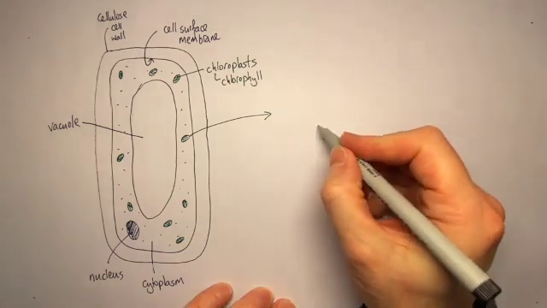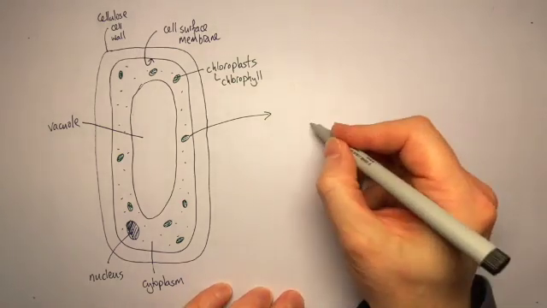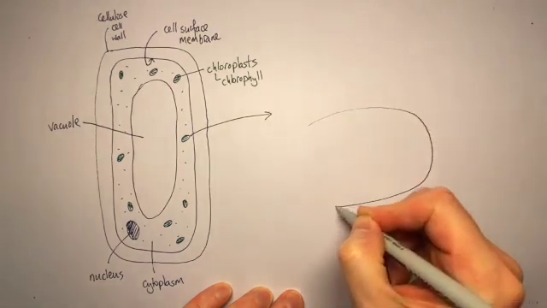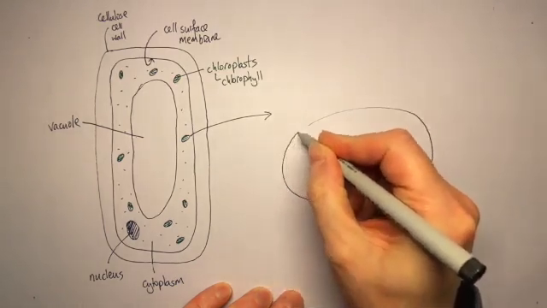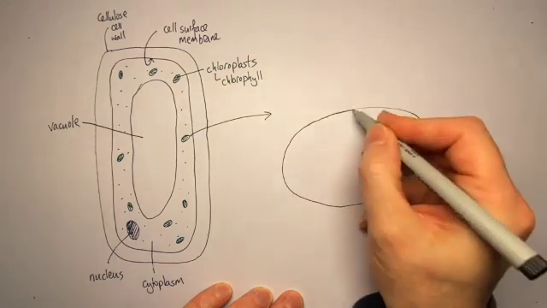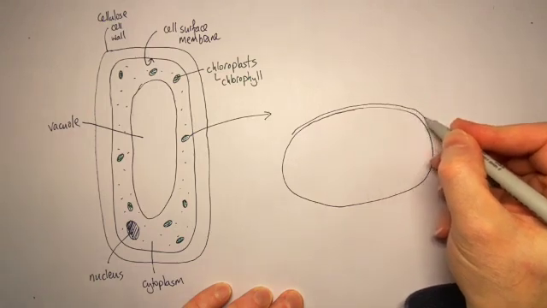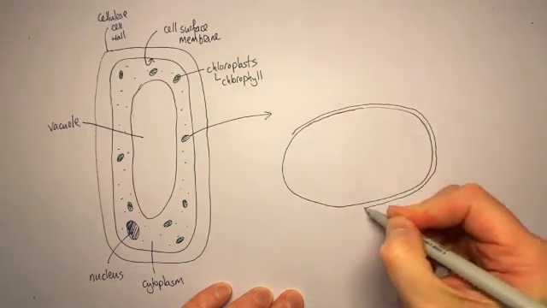And the first thing we can say is that the chloroplast is surrounded by two membranes. So there's one membrane, and then surrounding that is another membrane.